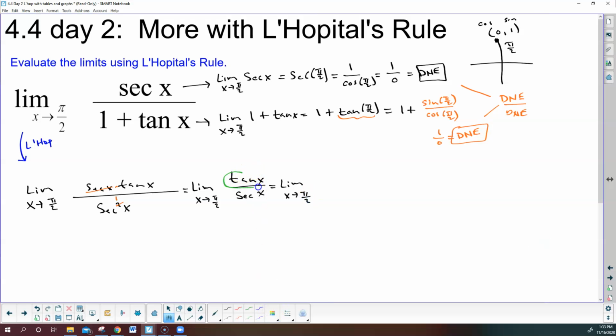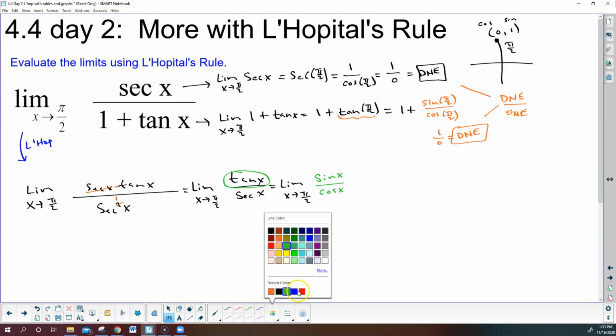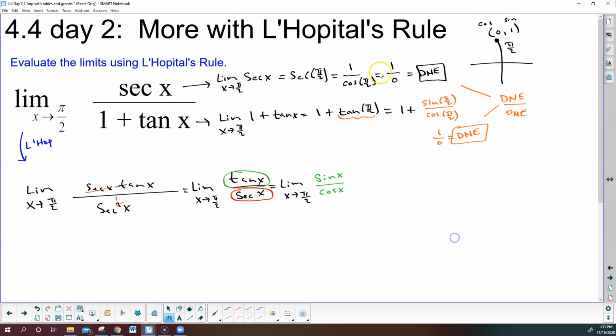So watch what happens here. What's a better way to think of tangent? Well, tangent, we saw here, was sine over cosine. So I'm going to just rewrite the top part as sine over cosine. All right? And then secant, we know secant is 1 over cosine. Now here's the part where I want you to think of, if I rewrite this as 1 over cosine, I'm dividing by a fraction, which is the same as timesing by the reciprocal.